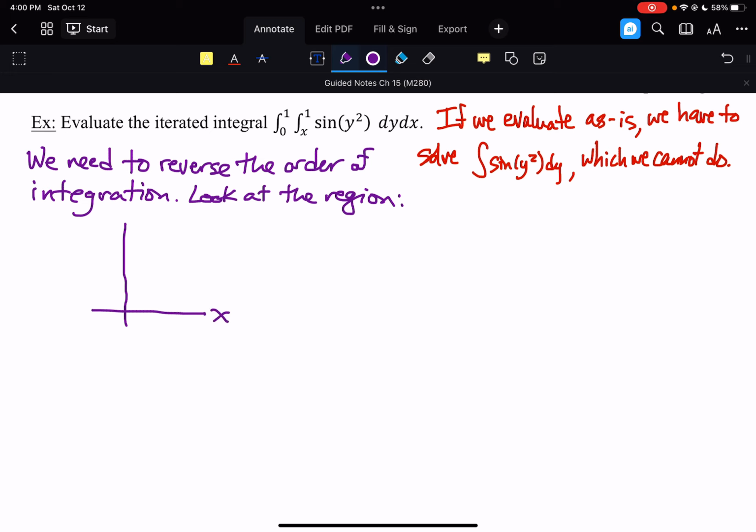So we're going to have our xy plane here. Let's look at the information that they gave us. We know that y is going from x to 1. So we have y equals x and y equals 1 as these bounds. y equals x is a line like that, and y equals 1 is a horizontal line like that.